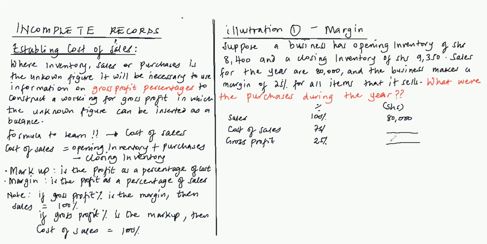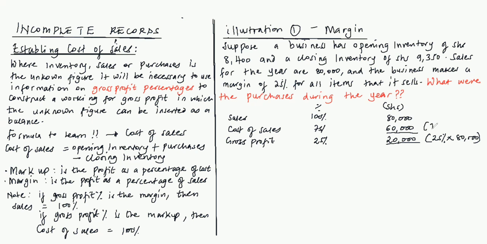So when you get 25% of the sales figure, which is 80,000, you get 20,000, meaning that your cost of sales is 60,000. To get the gross profit, I'm getting 25% times my 80,000. You can get the cost of sales by getting 75% of 80,000 as well.